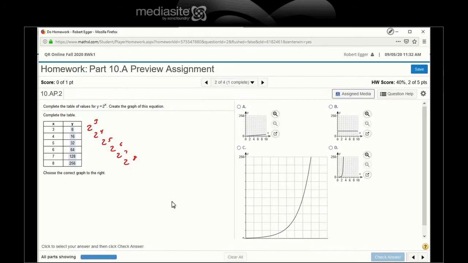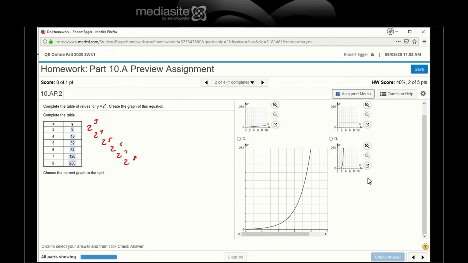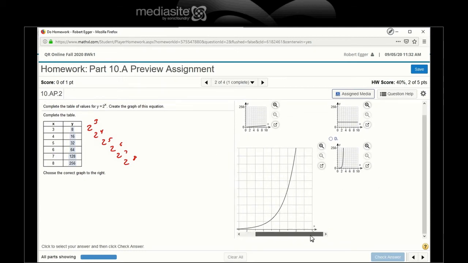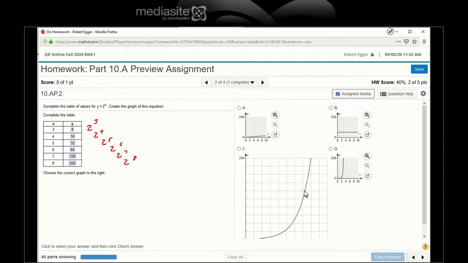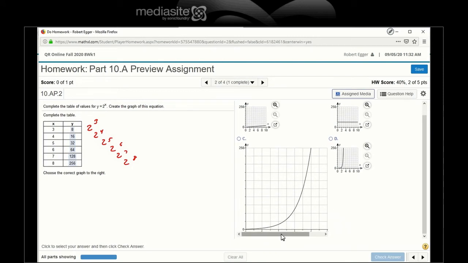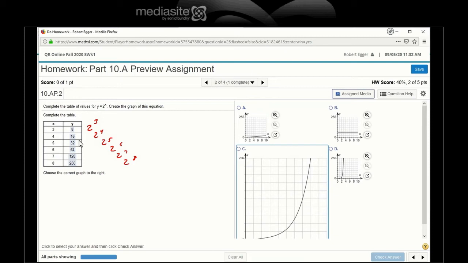Yeah. And now choose the correct graph. Are you kidding me? Okay. So let's rule out what we can definitely rule out. We know it's not this one. For one thing, it's a straight line, and it doesn't get somewhere close to 256.